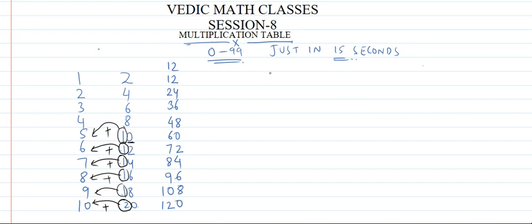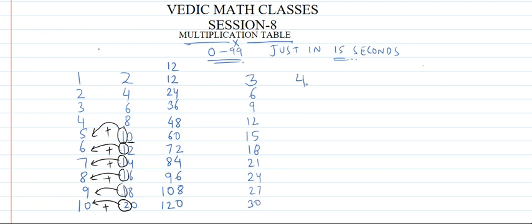Now suppose I have to write down a multiplication table of another number, let's say 34. That 34 also I'll break in two parts, 3 and 4, and then write down the multiplication tables of 3 and 4. So 3 2s are 6, 9, 12, 3 5s are 15, 3 6s are 18, 3 7s are 21, 3 8s are 24, 3 9s are 27, and 3 10s are 30.